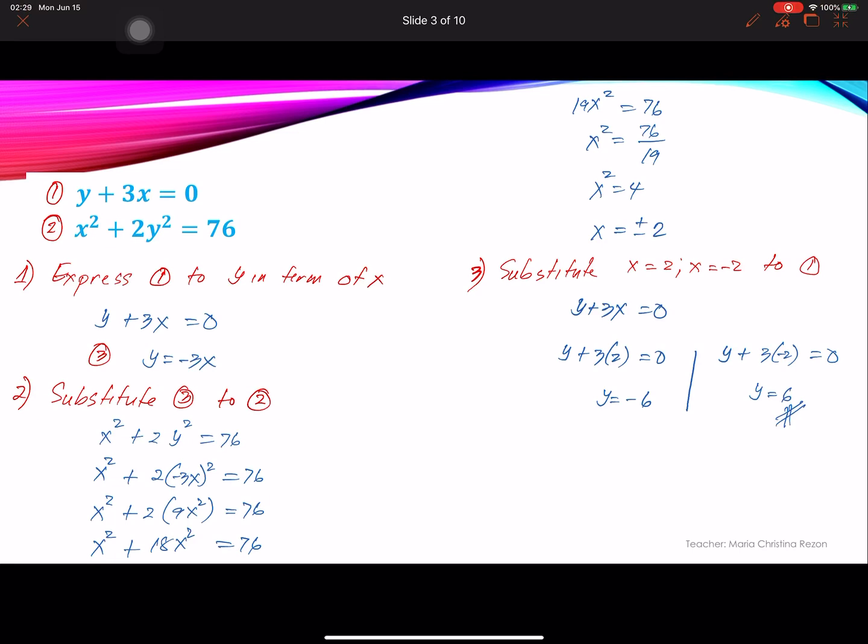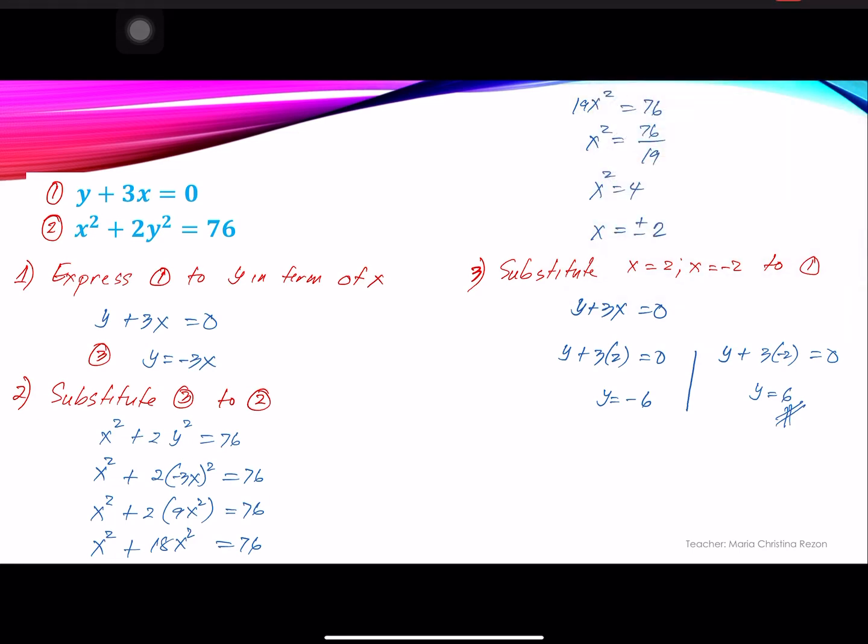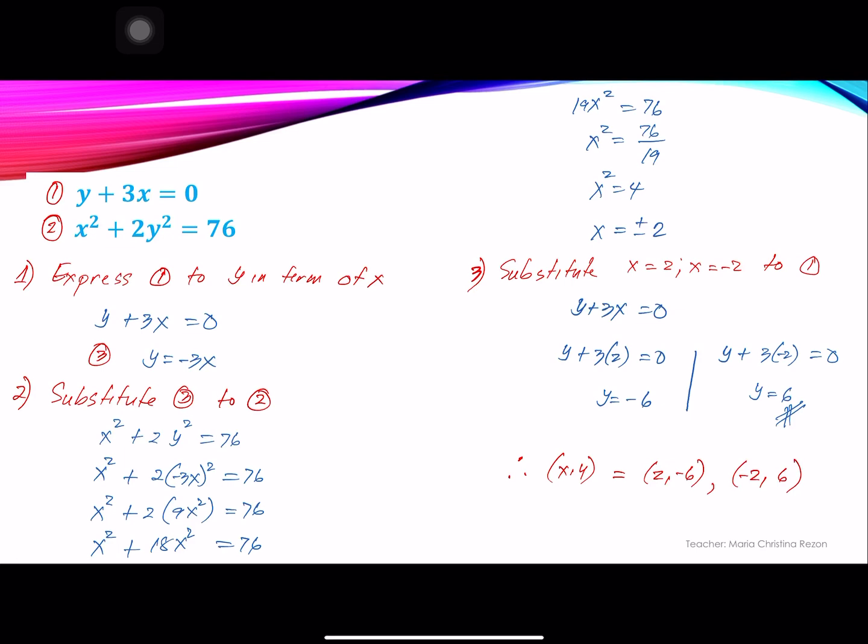The solution is, therefore, the solution (x, y) is equal to (2, negative 6) and (negative 2, 6). But with respect to the question there, what is the value of y when y is greater than 0? This is the answer. y is equal to 6.